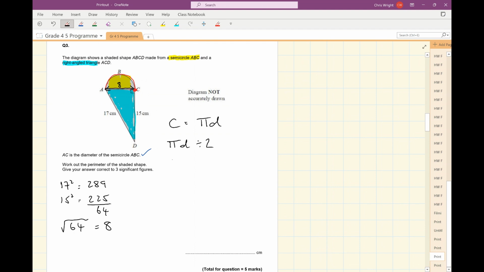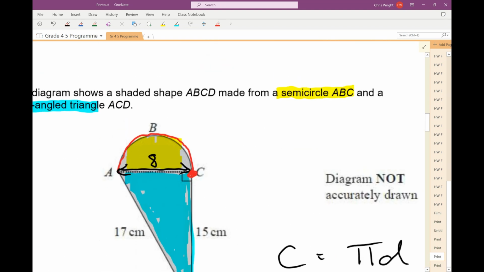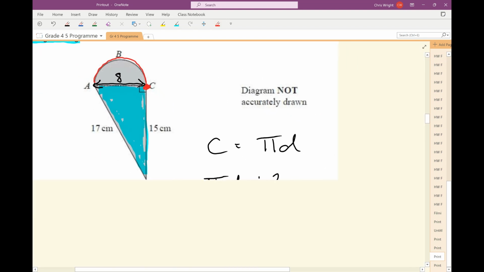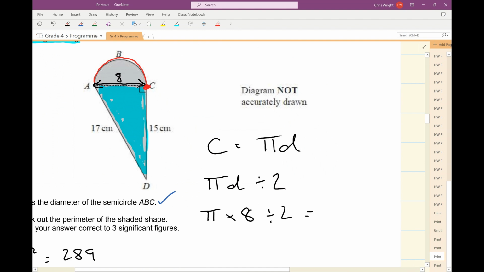So I was going to do pi times the diameter, so pi times 8 divided by 2 is going to be the length of this red line going around the top. So pi times 8, 8 times pi equals, divided by 2 equals, I get 12.566.